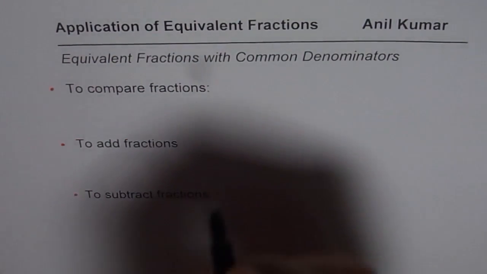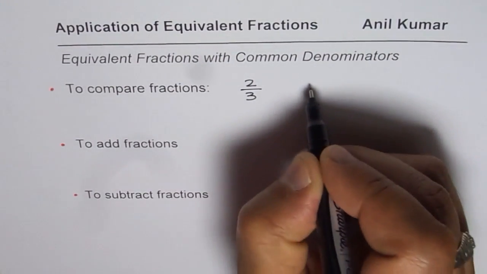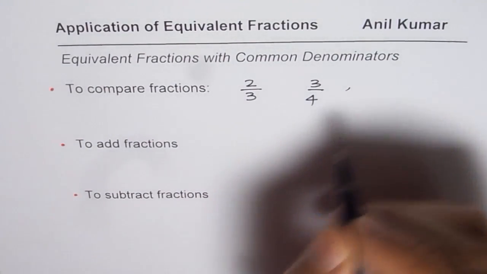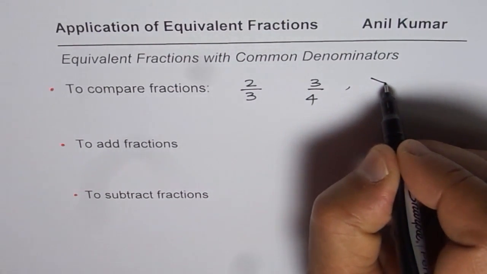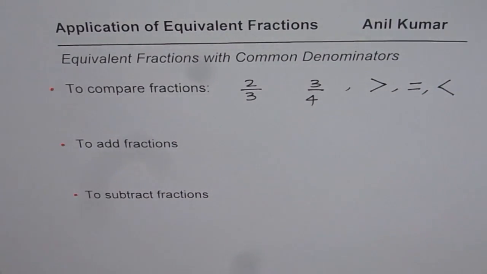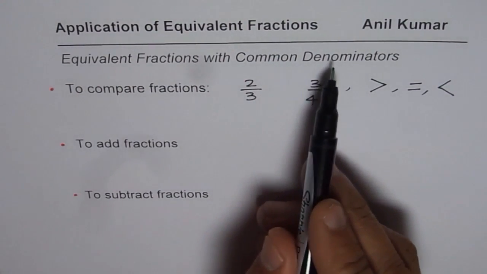To compare fractions, let's say we have 2 over 3 and 3 over 4. We need to understand whether 2 over 3 is greater than, equal to, or less than 3 over 4. How can we do it? One way to do it is to write them with the same denominator.